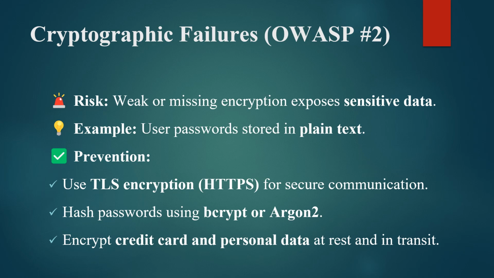Hackers easily accessed user accounts and personal data. Prevention: use TLS encryption, HTTPS, for data transmission. Implement strong hashing algorithms like Bcrypt or Argon2. Store passwords securely and enforce multi-factor authentication, MFA.